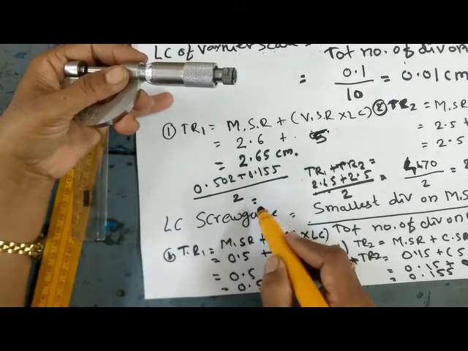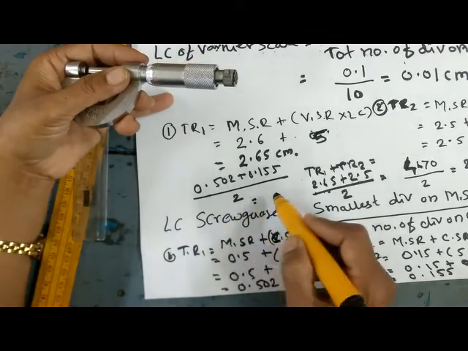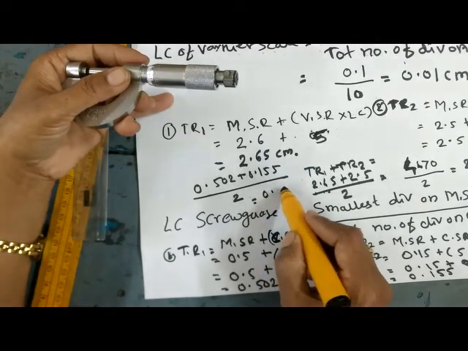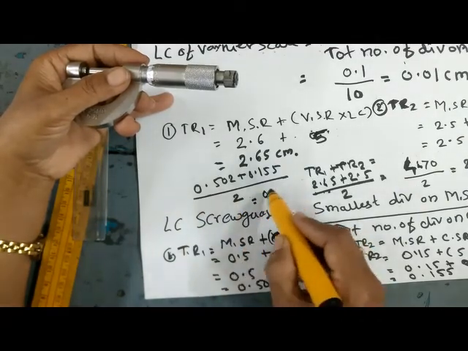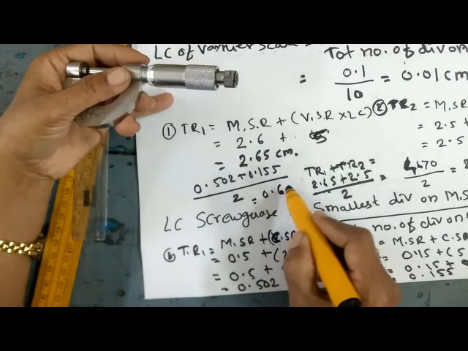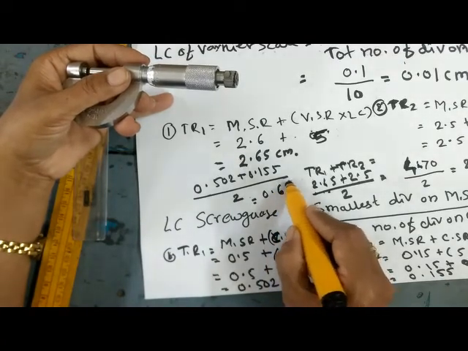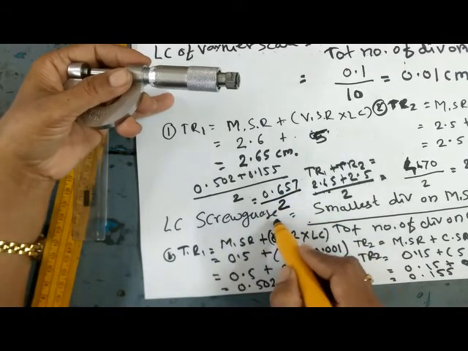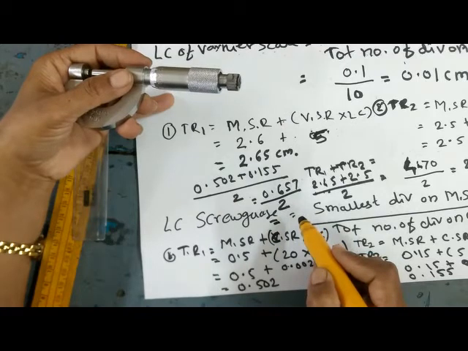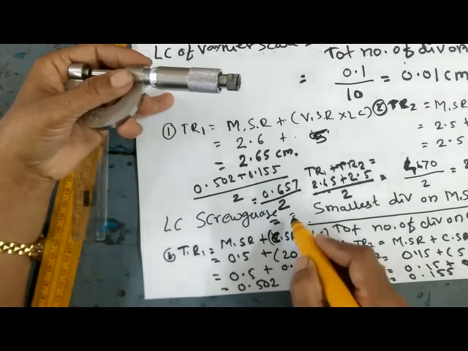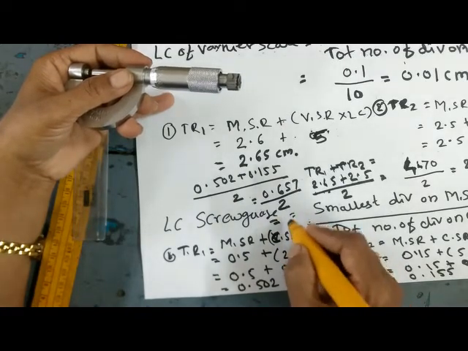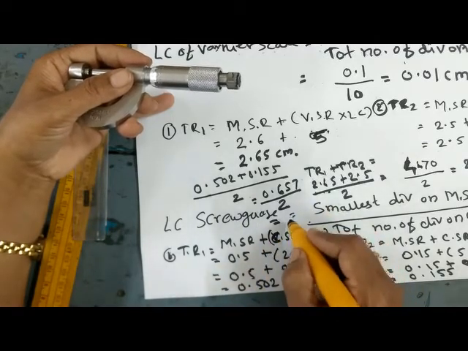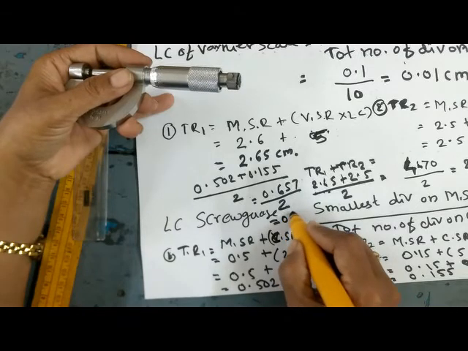So we get 0.657 divided by 2. So we get the mean of these two readings.